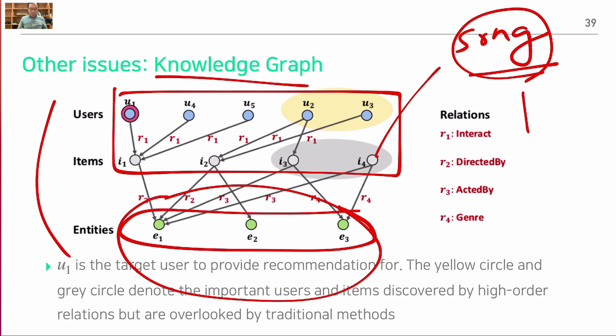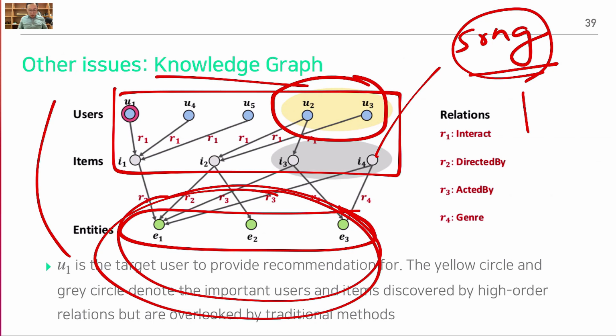We see their implicit relationships, and based on that we observed that users 2 and 3 are related, and so this is discovered by the knowledge base information.